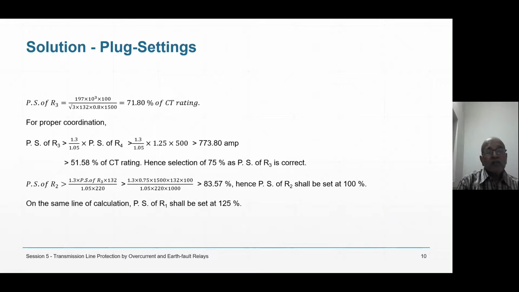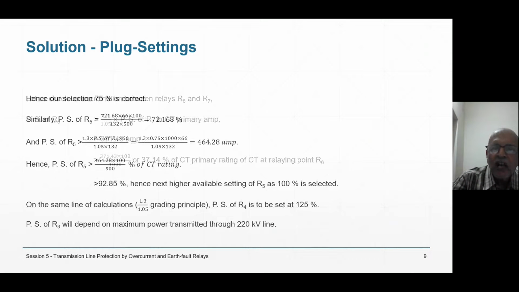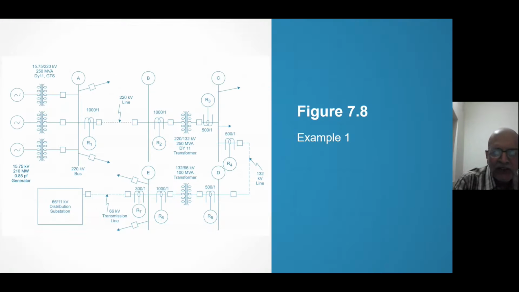While you are deciding the time settings, you will have to coordinate two relays, right? So when I am deciding time setting, I am coordinating R6 with R7. That means I will take the fault at bus E, because the fault just after the breaker and E is the same.